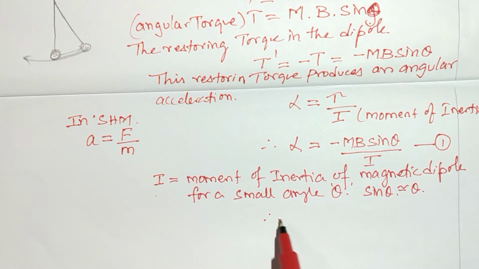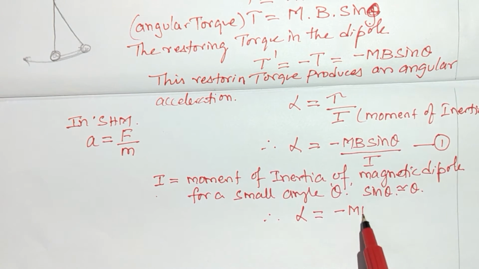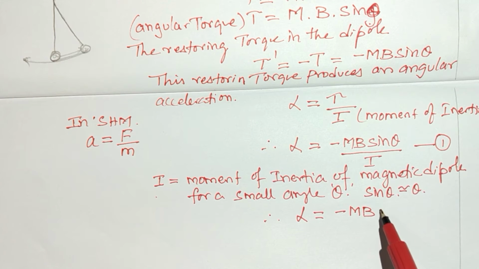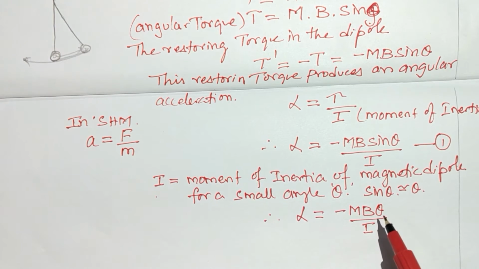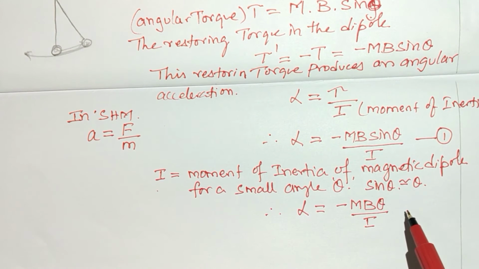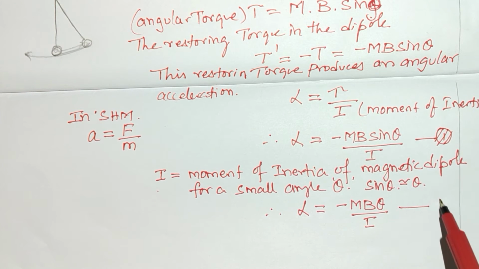Therefore, I can rewrite this as alpha is equal to minus MB, and instead of sin theta, for a small angle I will write theta itself, divided by the moment of inertia. I will name this as equation 1.